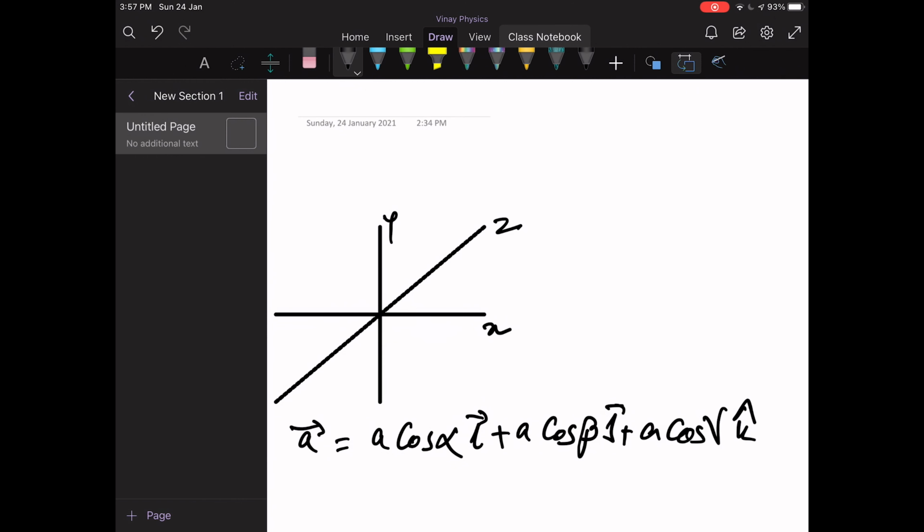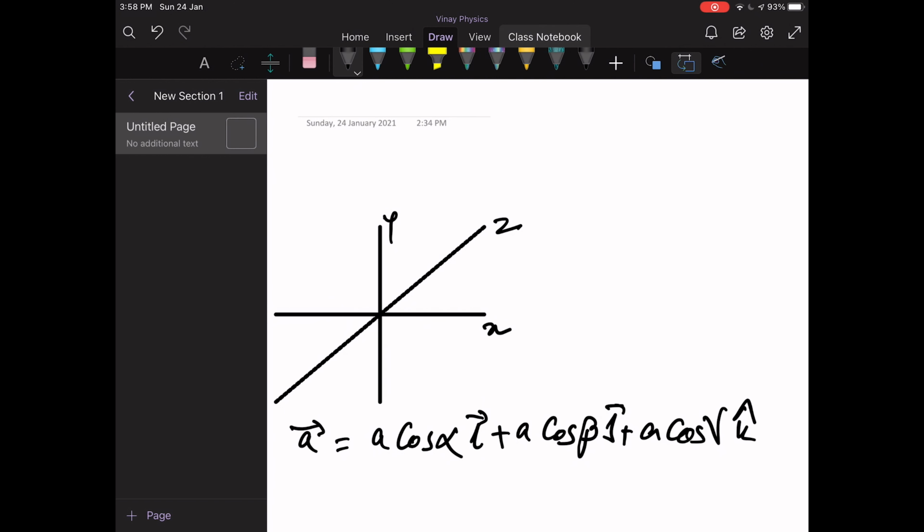Now i, j and k represent unit vectors across these axes. So i is across x axis, j is across y axis, and k is across z axis, and alpha, beta, gamma are the angles of that vector from each of those axes.